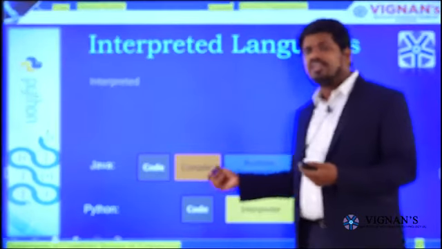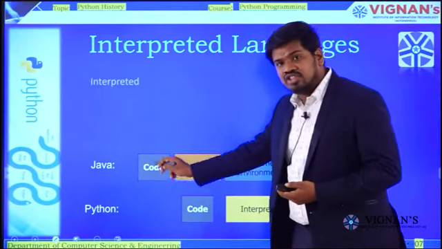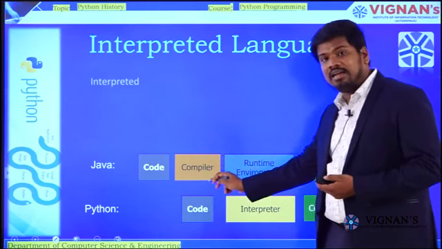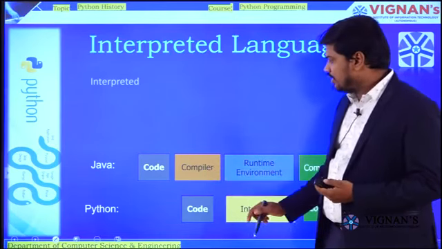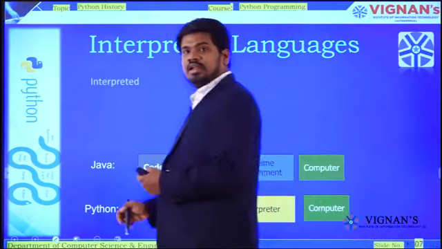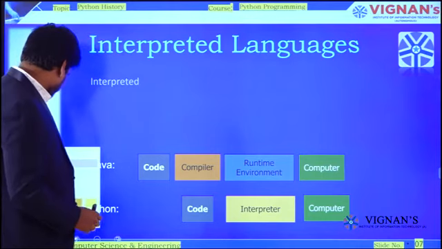If you observe carefully in this diagram, whenever I write code in Java, first of all that code will be compiled. In order to compile my Java program, let me explain clearly on the board.